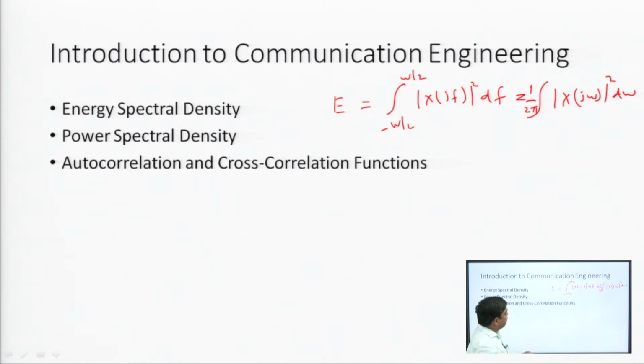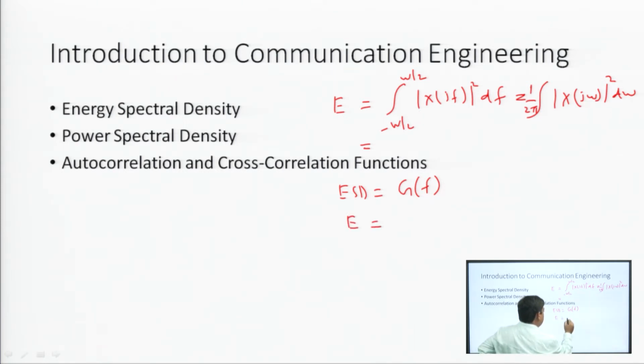Okay. Here, suppose energy per unit hertz is a quantity; that is the energy spectral density. If the energy spectral density is a function, say G(f), then if it is given, E can be calculated using the energy spectral density G(f) df in the given frequency range.